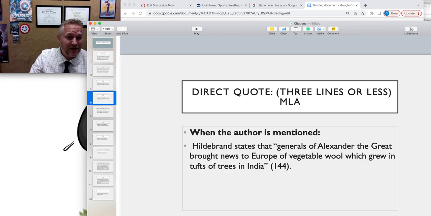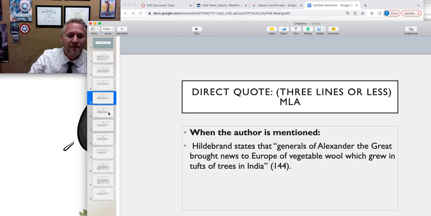But since we already put the author's name there, we do not need to put it here because that would be redundant. Okay, if people want to know further information, they can see in the works cited page that Hildebrand on page 144 in whatever article, and they can go look that up.